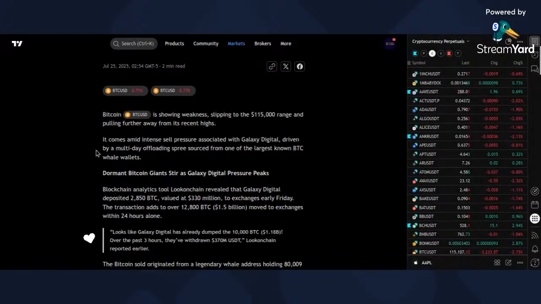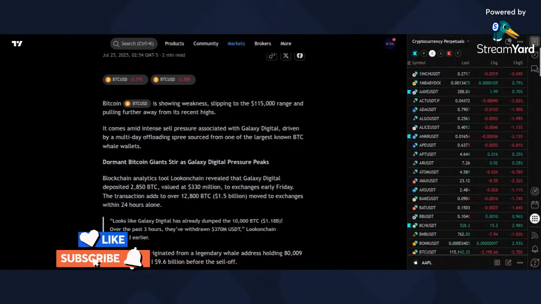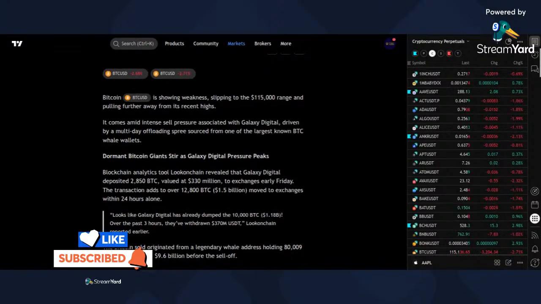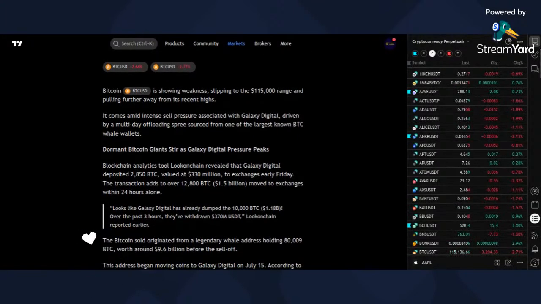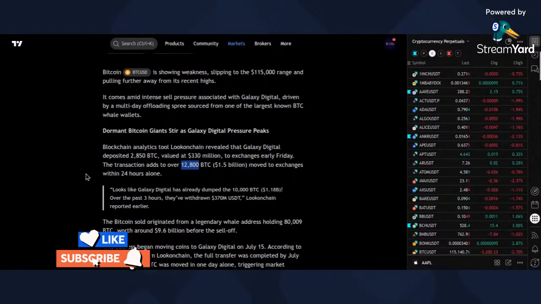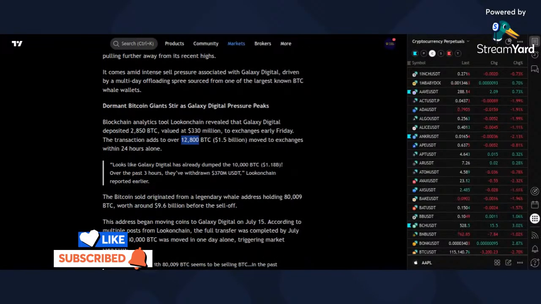Looks like we got another sell-off. So, Galaxy Digital, which had previously sold 11,723 Bitcoin, just added another 2,850 Bitcoin to its sell, which leaves this transaction at 12,800 Bitcoin and counting over the last hour and a half.